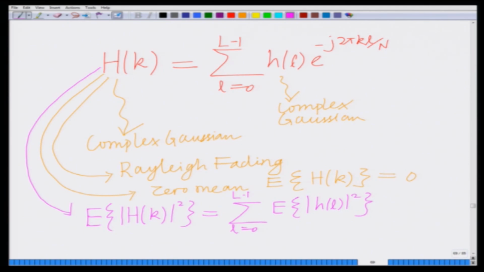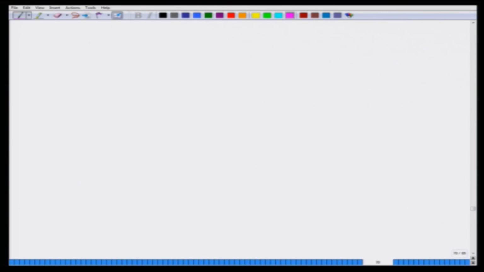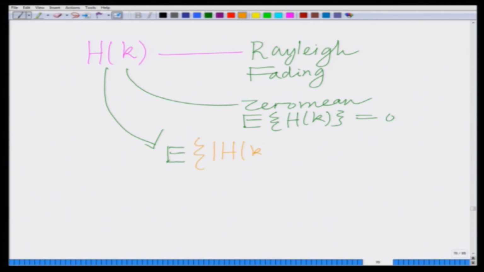So, this is summation l equal to 0 to L minus 1 of 1, which is therefore equal to capital L. So, what we have at the end is that each capital H k is in turn a Rayleigh fading coefficient with zero mean, that is, the expected value of H of k is equal to 0, and average power, the expected value of magnitude H k square, equal to L, correct.